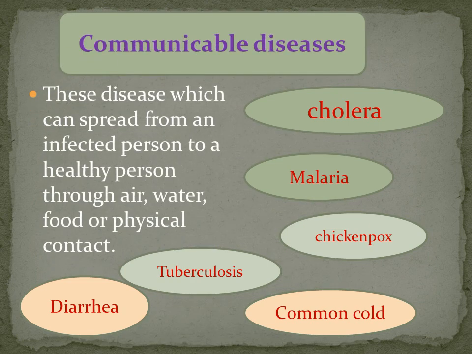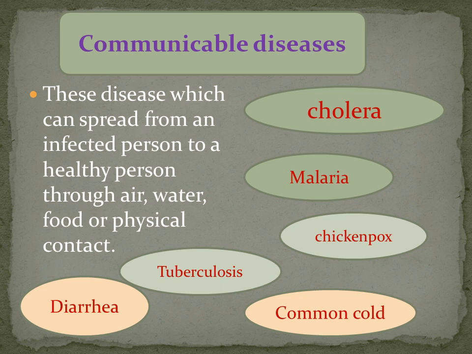There are two types of diseases. The first one is communicable disease. The diseases which can spread from an infected person to a healthy person are called communicable diseases. For example, if a person is infected with any disease, let's say a cold, and this person sneezes, then what will happen?